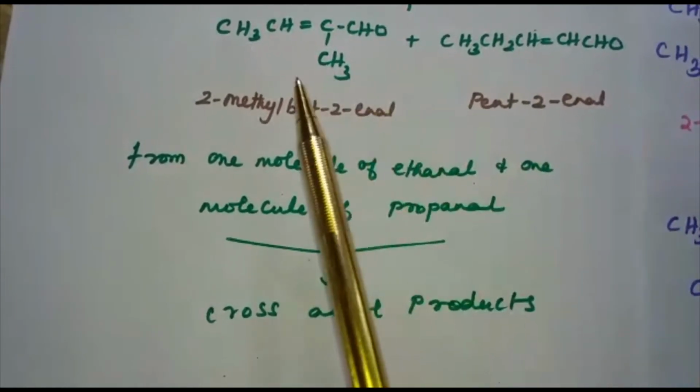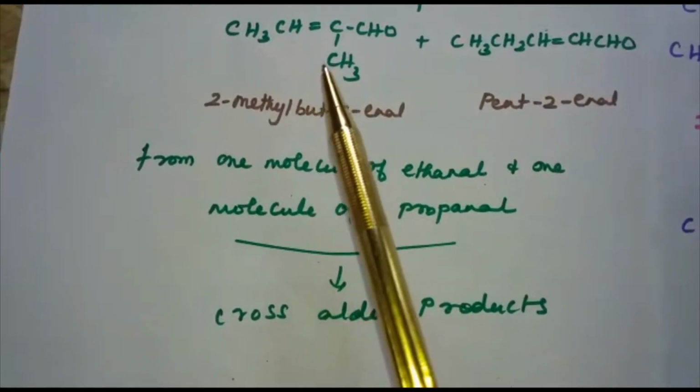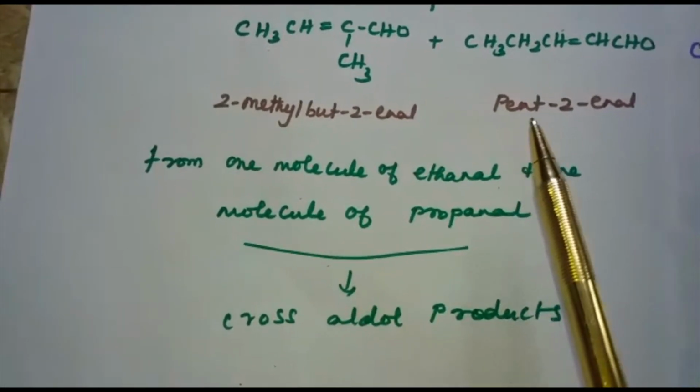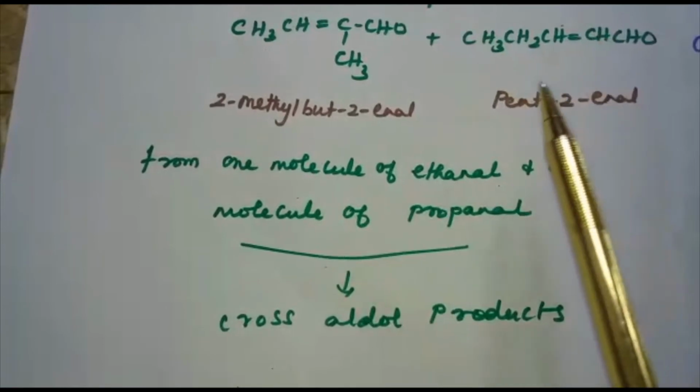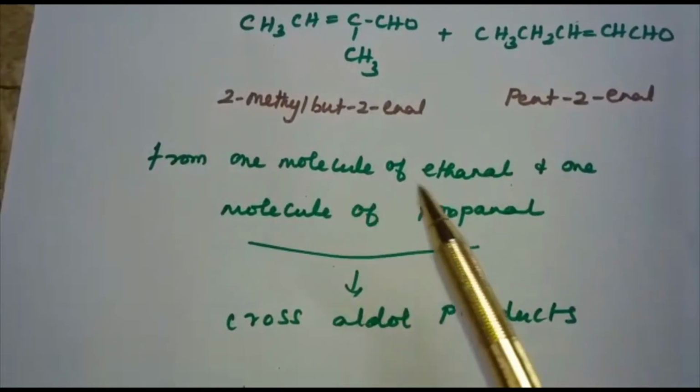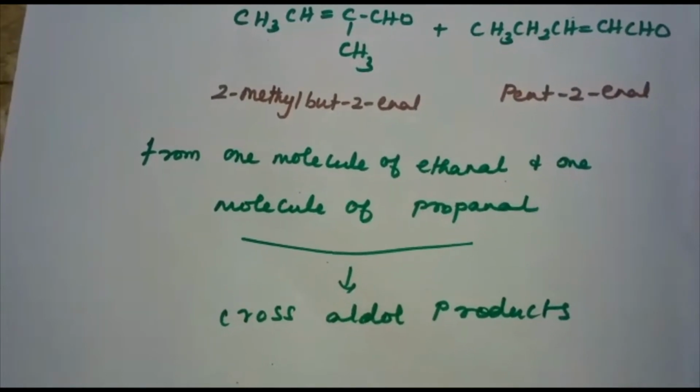And next two products of cross-aldol condensation, that is we are getting 2-methyl-butylenol and then pent-2-enal. How are we getting this? That is here itself it was written from one molecule of ethanal and one molecule of propanal. Let us see how we are getting this.